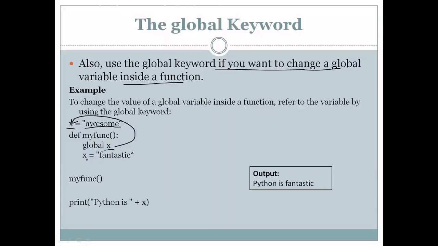Then when I say x is equal to fantastic, this will change the original value of x which was awesome, now it is fantastic. So when I call my function, this function will be executed and the value of x is changed, and when you print the value of x, it will not print awesome but fantastic. You can see it will print fantastic because we have changed the value of the global variable from inside the function. Okay, let me again execute this and show it to you.